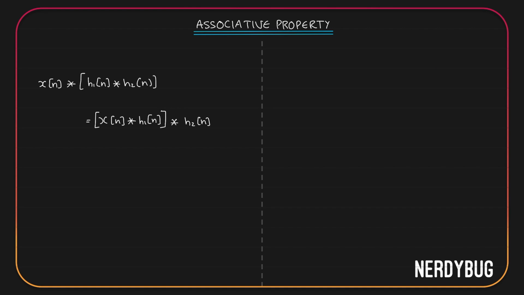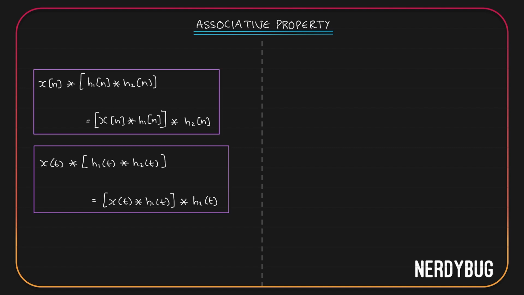Similarly, for a continuous time LTI system, taking the convolution of x of t with the result of convolution of h1 of t and h2 of t is the same as taking the convolution of x of t and h1 of t first and then taking the convolution of its result with h2 of t.